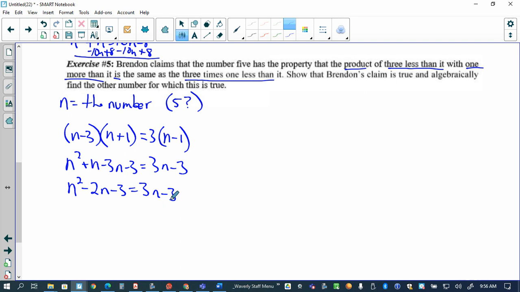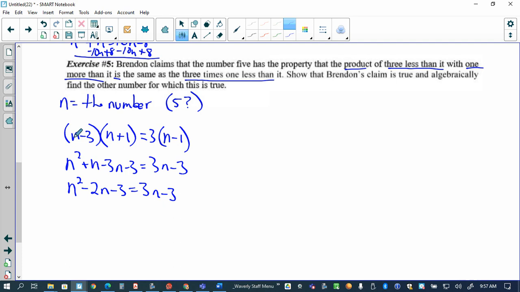Everybody agree with that? Stop me if anybody gets stuck at any of these. What are we going to need to do now? What's n times n?